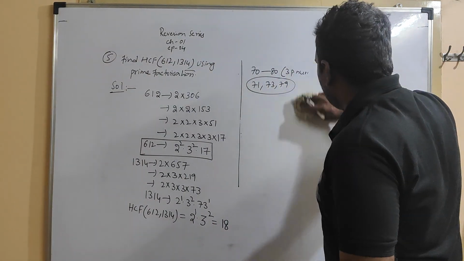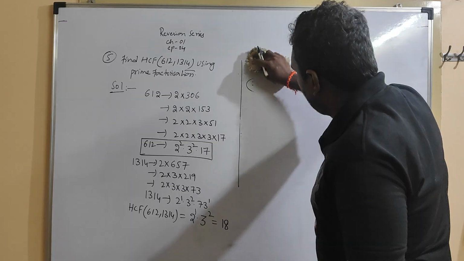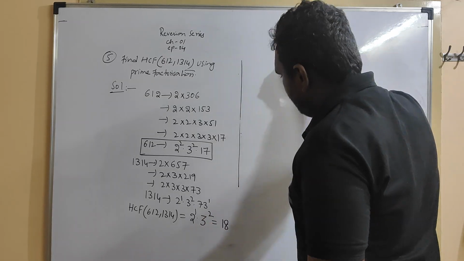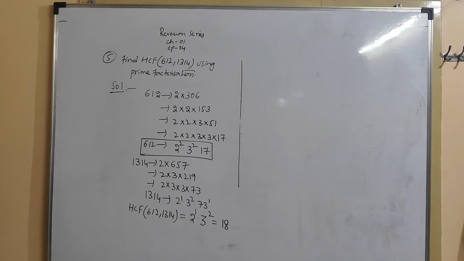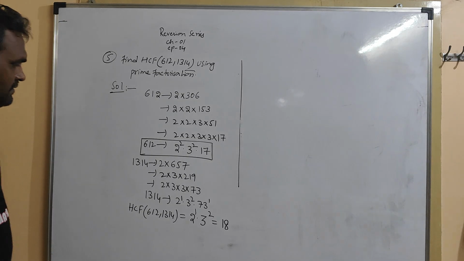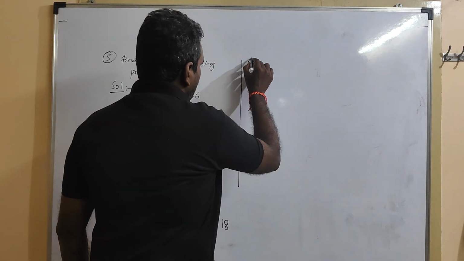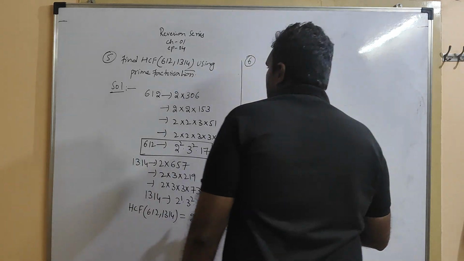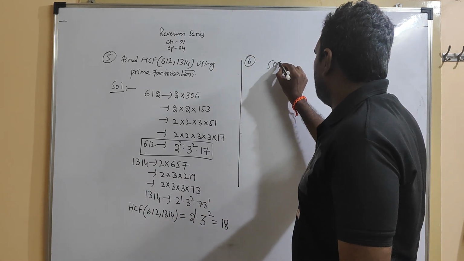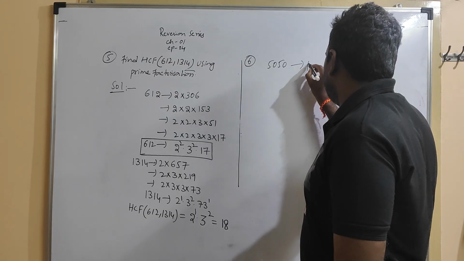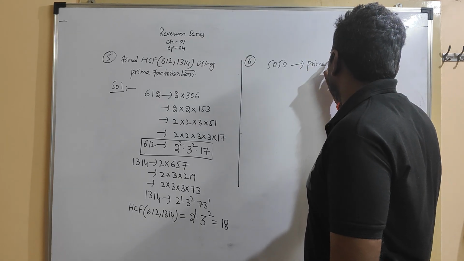See, if you are not good with prime numbers and all, when you got 73, you will be searching in which table that 73 will be going. Next question is 5050 prime factorization they are asking.